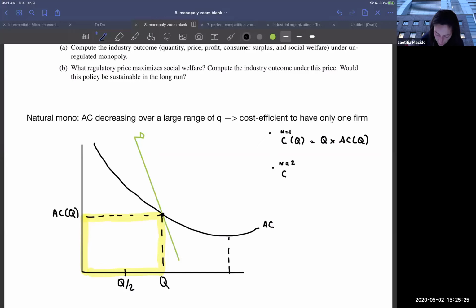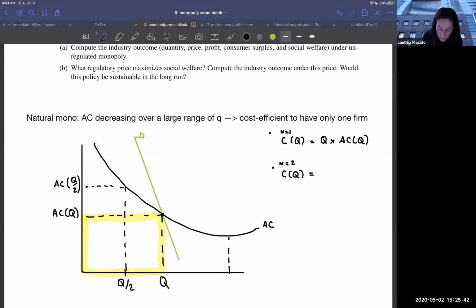So the total cost when there are two firms, well, let me write the average cost of the quantity here.